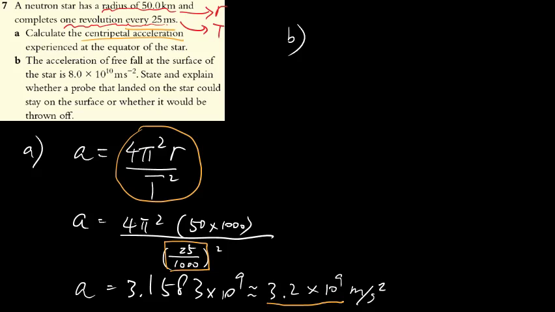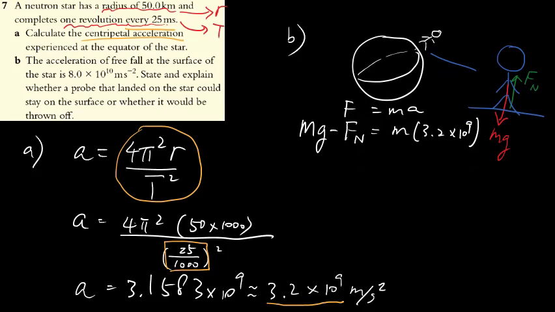The best part is part B. It asks you whether or not you can actually stay on this neutron star. So the idea is you have to be very clear about how the free body diagram looks, which is just having the mg over here pointing downward, and also the reaction force Fn pointing upward.